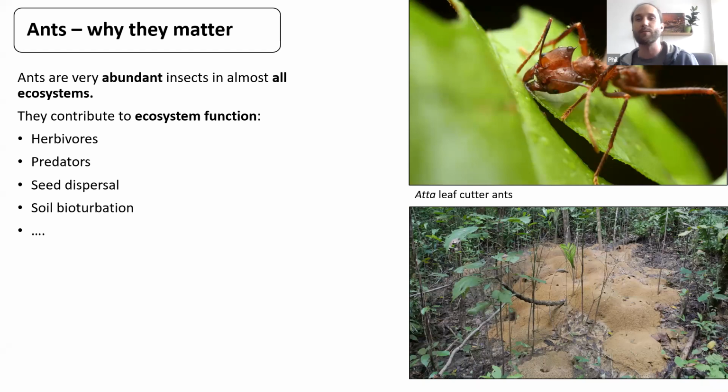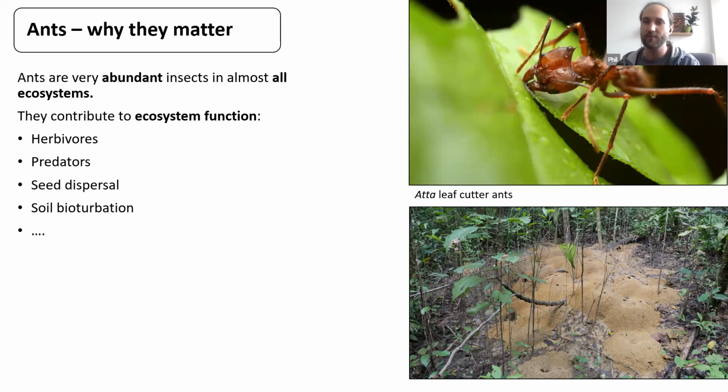Let's talk a little bit about the ecology of ants in general and why we as ecologists should really care about ants. First of all, they can not only be friendly with the plants, but they can also be very important herbivores. This is particularly true in the neotropics, where we have the leaf-cutting ants as a very abundant and dominant group.